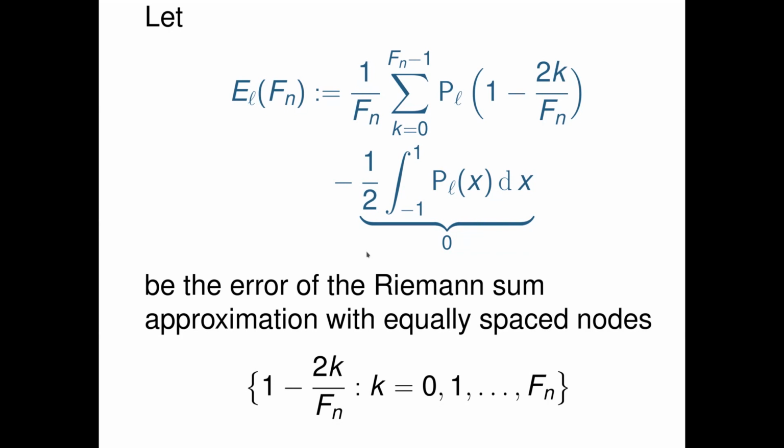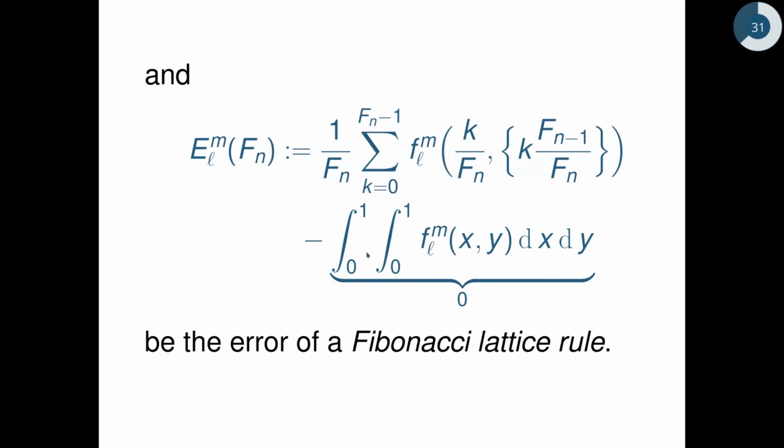So in fact, we measure here the error of numerical integration with this sum of Legendre polynomials. And similarly, we can also interpret the other expression as an error of integration, but now for the function FLM in the unit square.